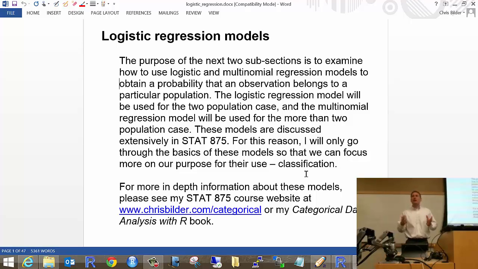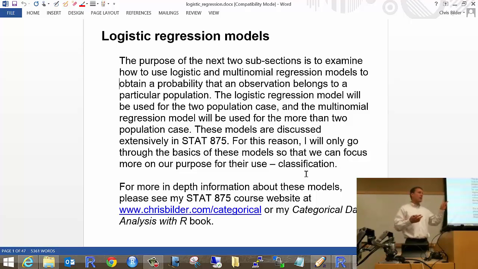For those of you who have not taken Stat 875, I first of all recommend that you do take it. It is a very good class. We spent a lot of time talking about logistic regression in that class, and it's used in a lot of different places because in so many real life settings, you have a response that is binary.